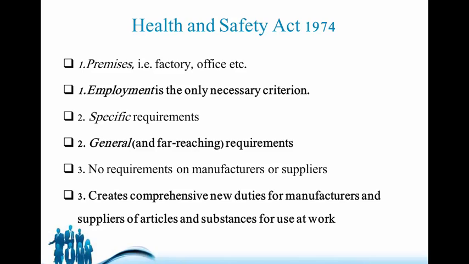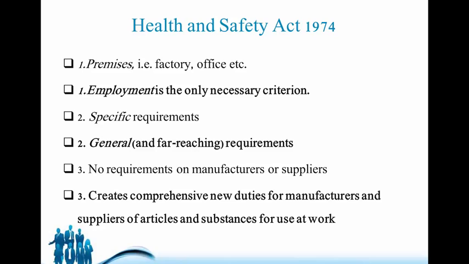We will discuss four major points here that were opted in the 1974 Act. Point number 1 is in pre 1974 legislation, conditions only applied if the workers were in premises and some catastrophe occurred. But in the 1974 Act, employment is the only necessary criteria to avail conditions.